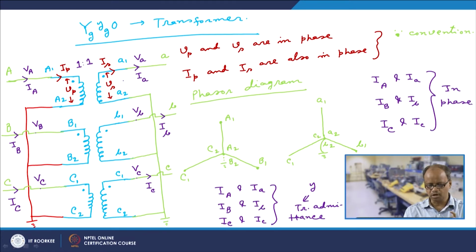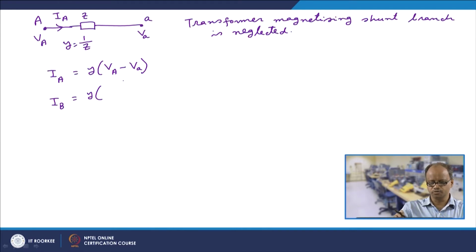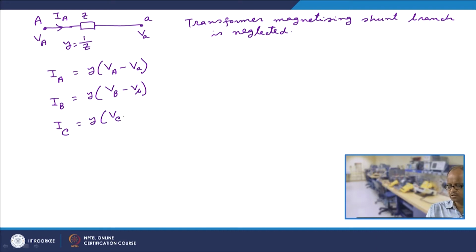Now the current I B which would be entering here would be nothing but this voltage minus this voltage into this transformer shunt admittance. So, it would be Y into V B, capital B minus V small b, and I C is equal to Y into V C, capital C. Please note V small c, we should write it as capital C.